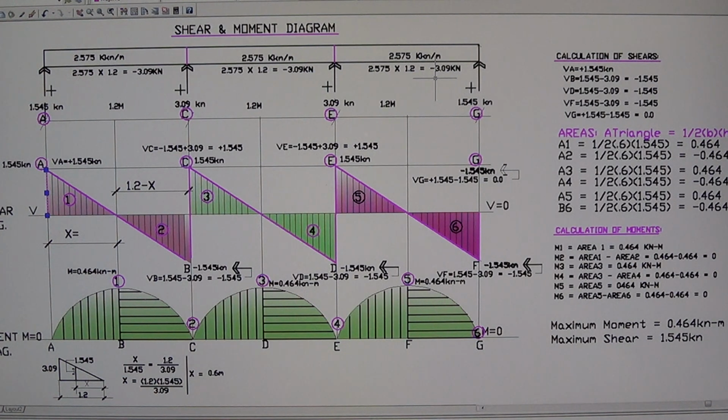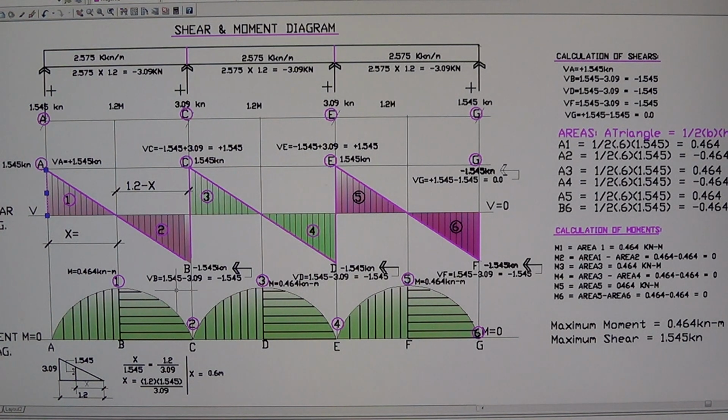So to solve for the shear at B, the shear at B is the shear at A, which is positive 1.545, and this is going downward 3.09. So positive 1.545 plus negative 3.09. That's how you solve it.